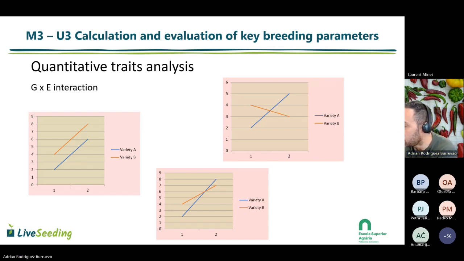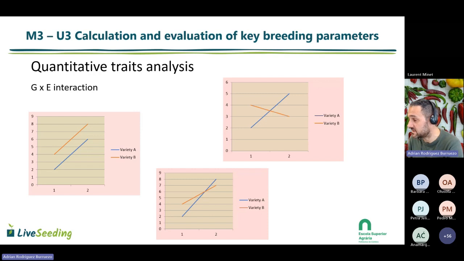And what about the last example in the middle? Is there genotype by environment interaction? I can say yes. Of course, it depends on the statistical terms, but yes, because the change of environment from 1 to 2 improves the level of expression in both varieties, but not at the same magnitude.